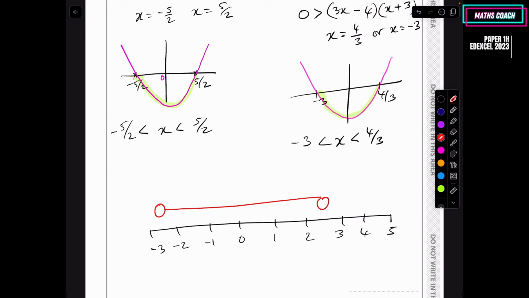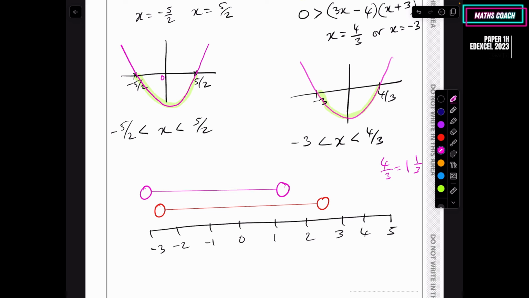Join them up. Do I color them in? No, because they're not equal to. And for the other one, it's minus 3 here and 4 over 3. And 4 over 3 is 1 with 1 remaining, so 1.33 recurring. We can estimate it somewhere here. And again, it's not colored in.